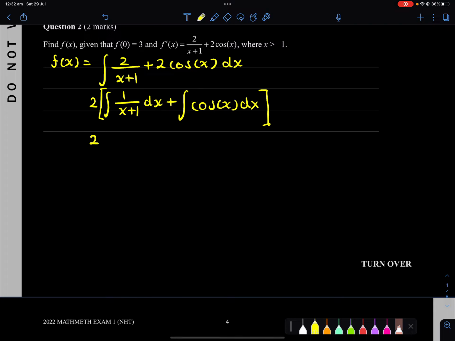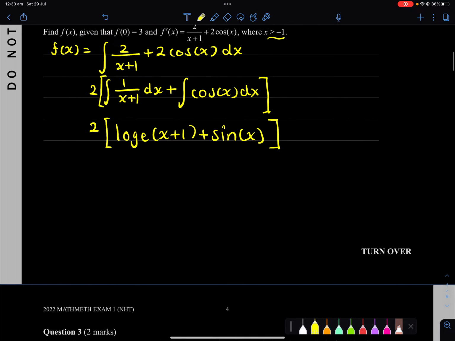So it will be 2 log e of the absolute value of x plus 1. But we don't need the absolute value because we know that x is greater than negative 1. So we can say that x plus 1, plus, so the integral of cosine is plus sine x, close bracket.